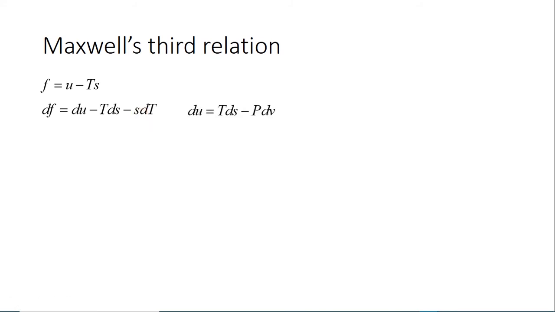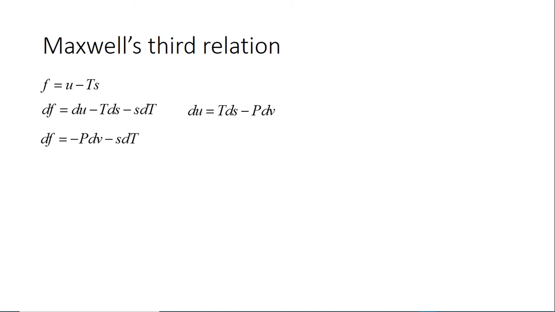Now we have discussed this before also. What is this du? Tds minus Pdv. So what you can do is, this du is on the left hand side, take this Tds to the left hand side. So du minus Tds will be equal to minus Pdv. So you can replace this term by minus Pdv. So what you will get? df is equal to minus Pdv minus s dT.